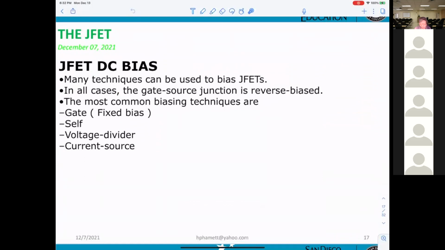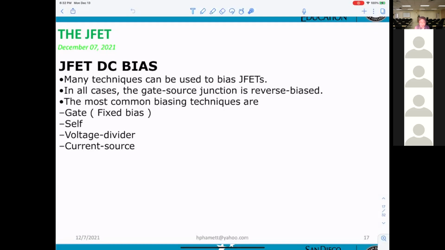Okay, we already talked about the JFET, a voltage controlled device. My question is, what about the bipolar transistor? Is it voltage controlled or current controlled? Current controlled, right.